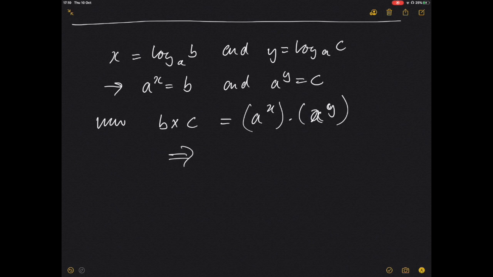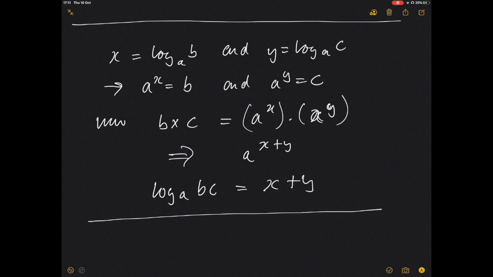From our proof, that would be the same as saying a^(x+y). So we can therefore say that log_a(bc) is equal to x plus y.